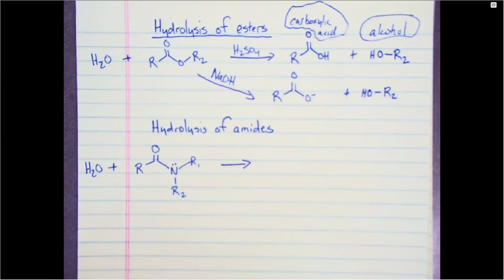So how did we make an amide? We made it by putting together an amine and a carboxylic acid. So when we split that amide apart, what are we going to get back? An amine and a carboxylic acid.